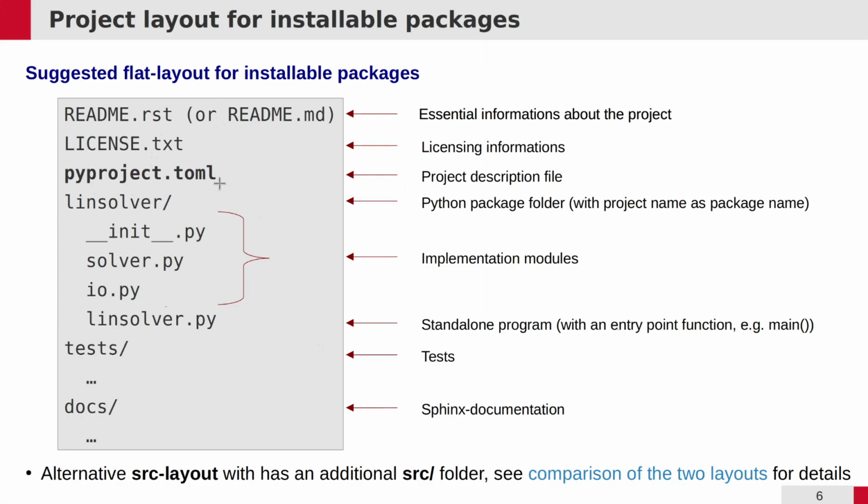You should have, of course, a README file in your project folder, which tells the essential information about your project. You can use an RST file if you like RST, like me, or Markdown is another very common format which people use for README files. You should have a license file which tells you what kind of license your project has.